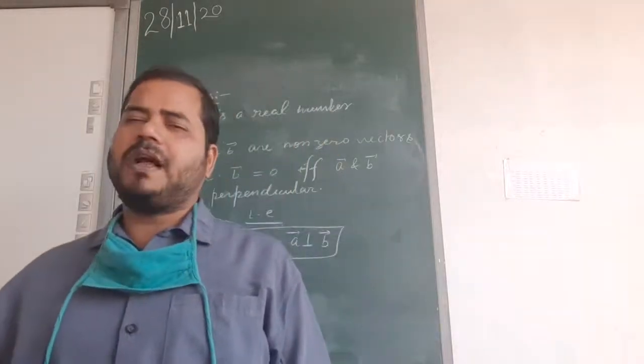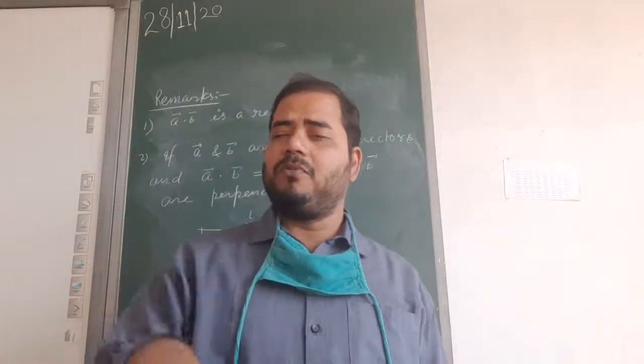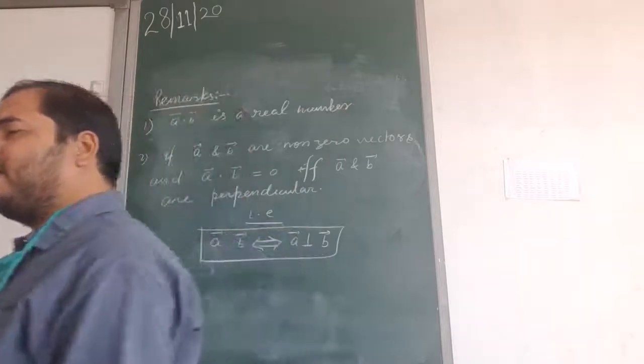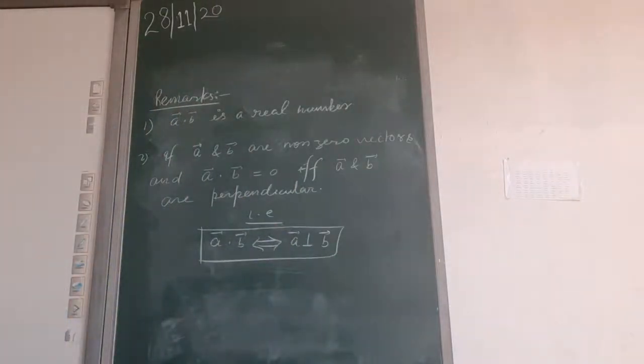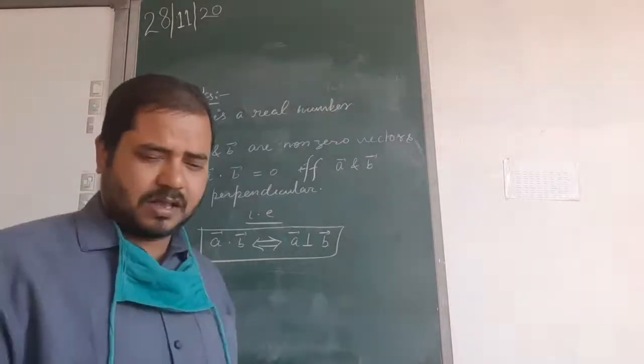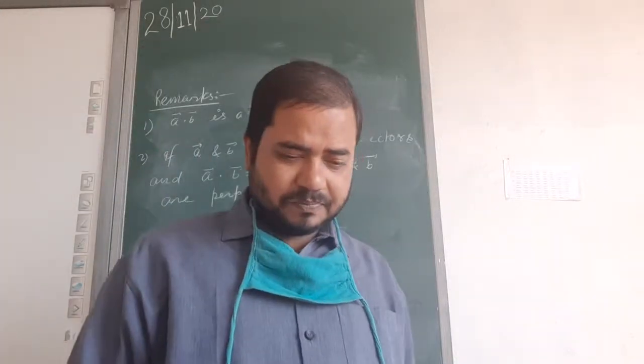If and only if. That means if A dot B is 0, then A is perpendicular to B. Clear? Okay.